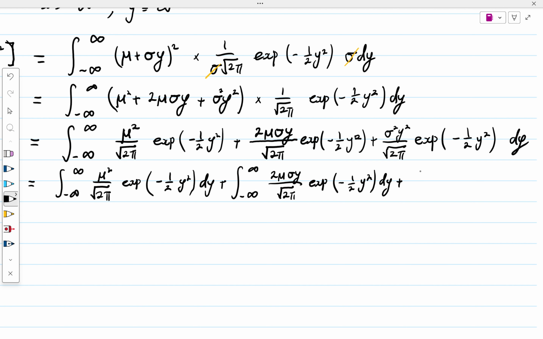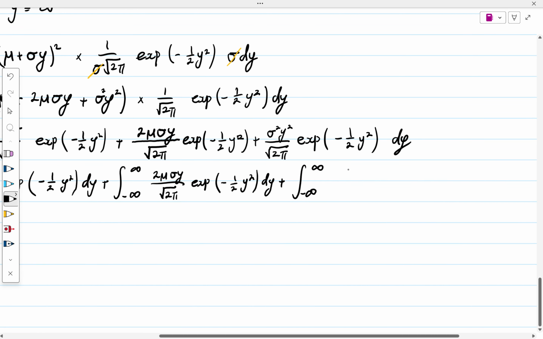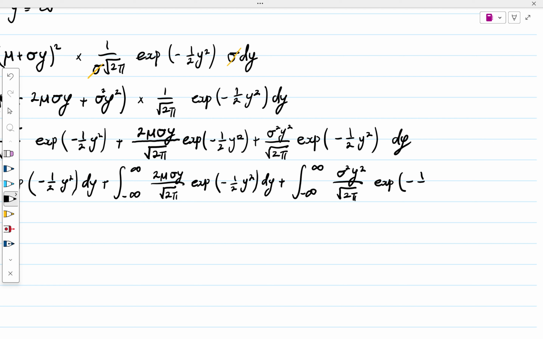And then finally, the integral from negative infinity to infinity of sigma squared y squared over square root 2 pi exp of negative a half y squared dy.